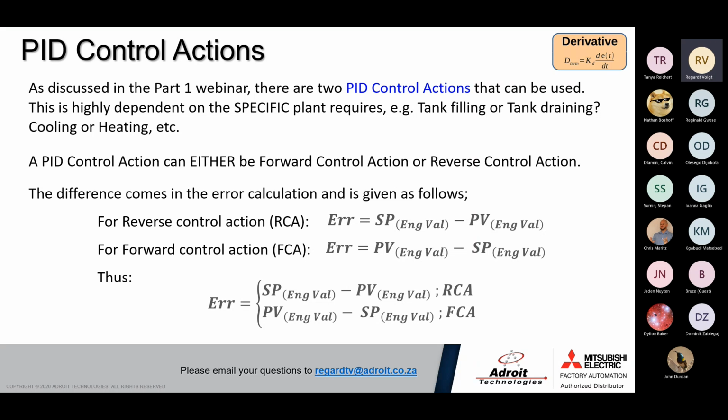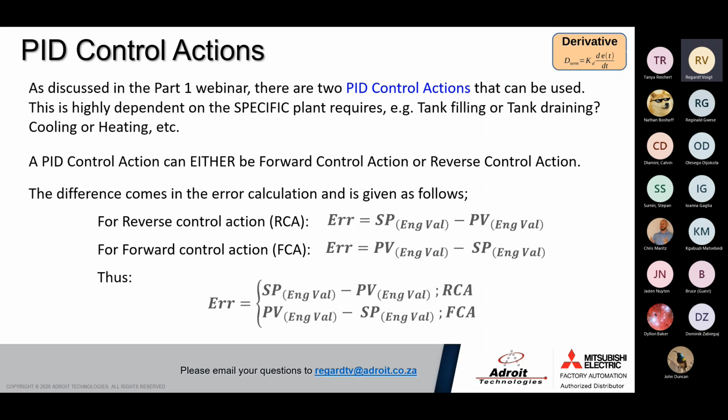However, practically, many users don't know about these control actions. They will configure the PLC PID controller based on trial and error, and the process variable and how the actuator reacts. So that is the most common method. And I'll show you how to do it in the PLC as well.